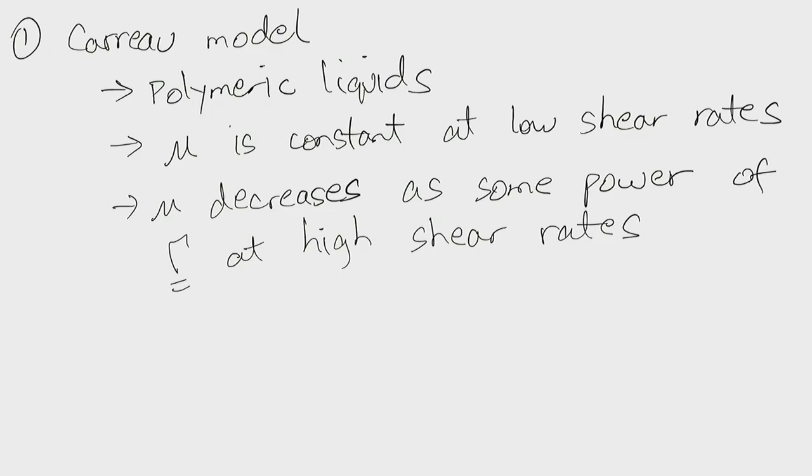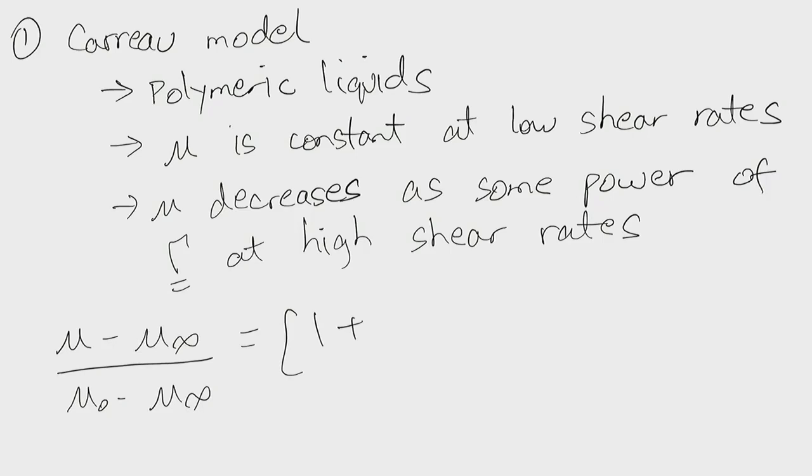And so what the model is, the relationship between the shear viscosity and the rate of strain tensor, is given empirically as mu minus mu infinity over mu naught minus mu infinity equals 1 plus 2 lambda tau squared to the power n minus 1 over 2.